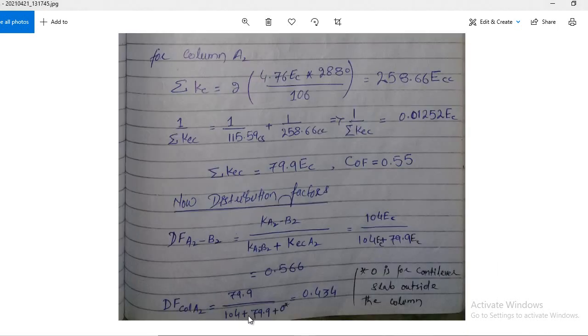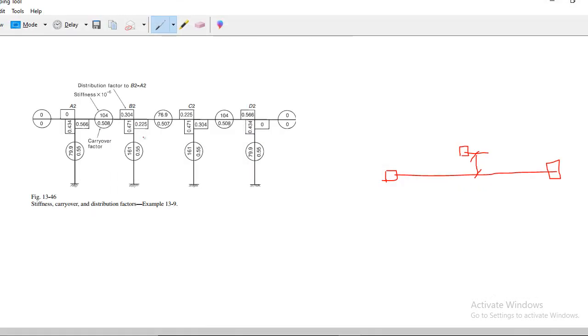Let me show you the figure. This is the figure. You see, for this column, the distribution factor will be the Kec of this column divided by the Kec of this column plus the Ksb of this span, that is 104. And similarly for B2, for the B2A2 span, your distribution factor will be 104 divided by 104 plus 161 plus 76.9.